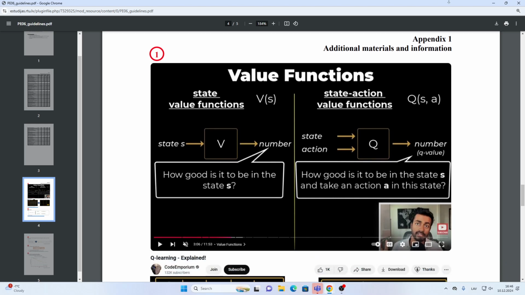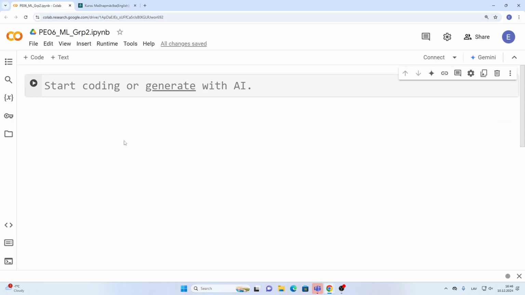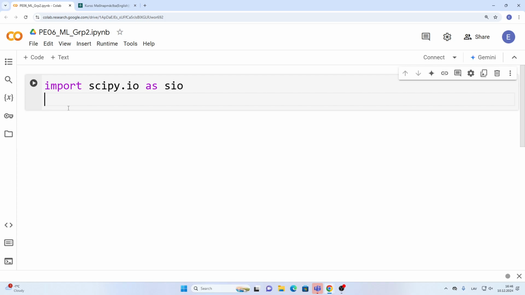But first, let us begin and start working on loading the dataset, importing whatever libraries we need, specifying our parameters, and stuff like that. For the dataset, we are going to use a MATLAB file. So I'm going to import scipy.io as sio. We are going to do some NumPy calculations, matrix multiplications, and work with arrays, so we need NumPy.